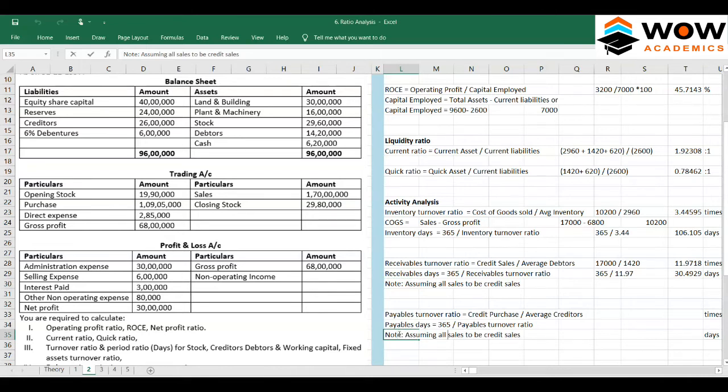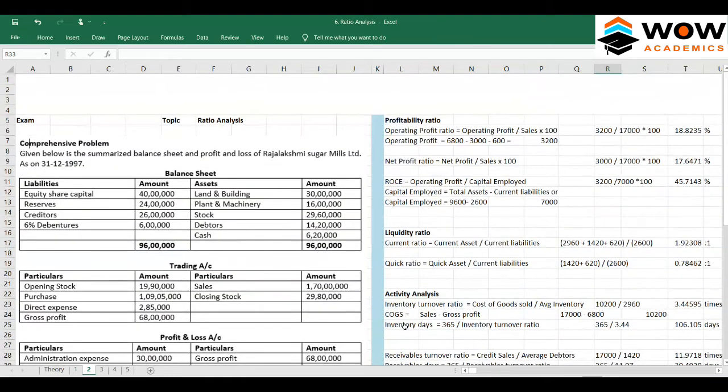So here if you see there is no credit purchase, so assuming all COGS to be credit purchase, okay, we can't have any other number. So COGS we have computed earlier itself. So COGS is 10,200.